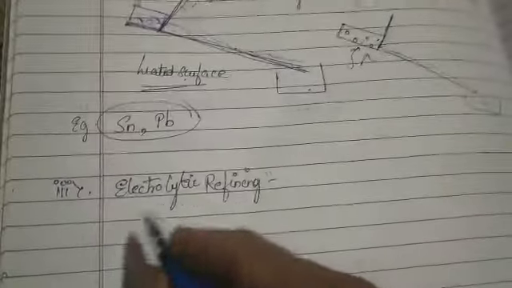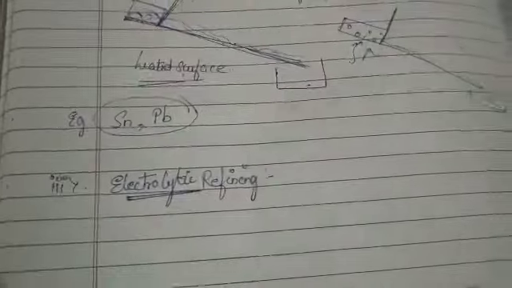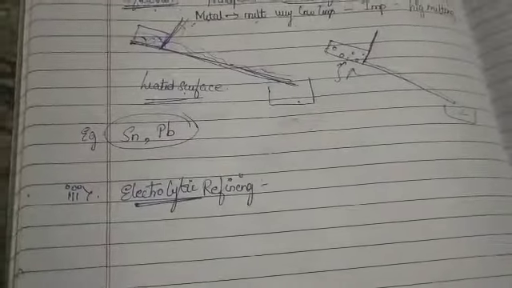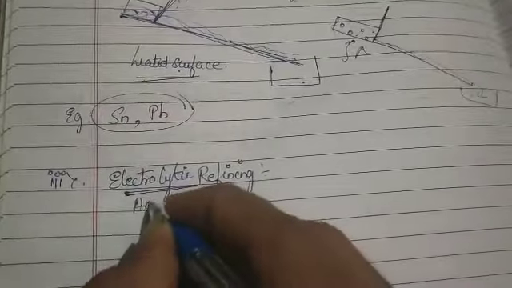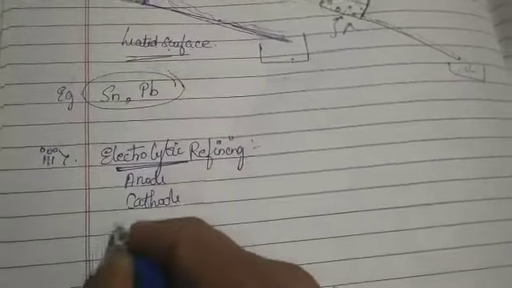Electrolytic means we are doing some electrolytic process. We need electrodes, an anode, a cathode, and an electrolytic solution.